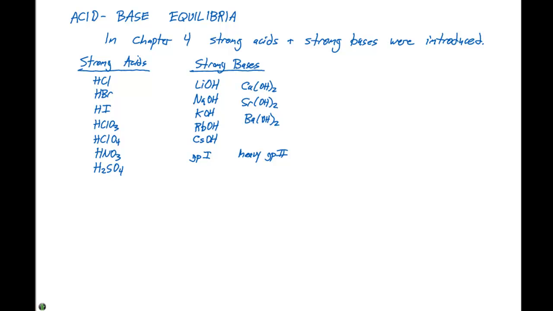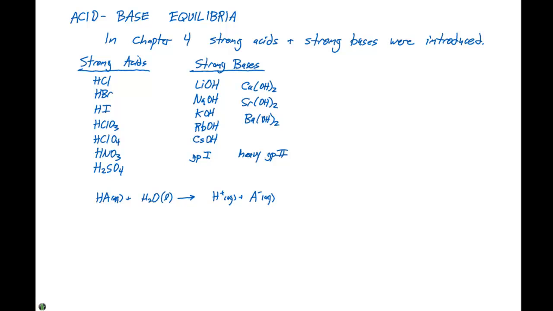So in Chapter 4, we were able to study the stoichiometry of strong acids and strong bases, and the reason for that is because they fully dissociate in solution. So if we have a strong acid, HA, and we put this in aqueous solution, it's going to fully dissociate into H+ ions in solution plus A- ions in solution.